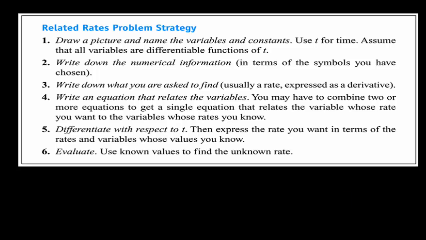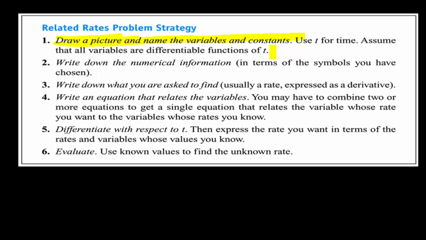So, related rates problem strategy. It says draw, so we're supposed to draw a picture and name the variables like we did. We let V be the volume, r be the radius, use t as time, and all of them are differentiable functions of time.